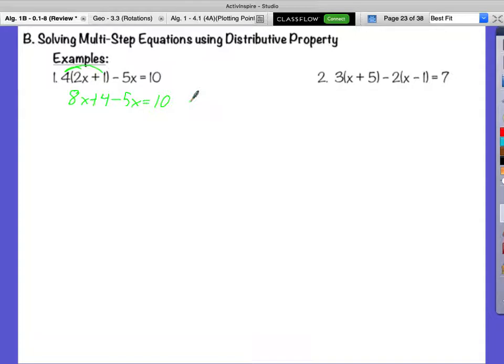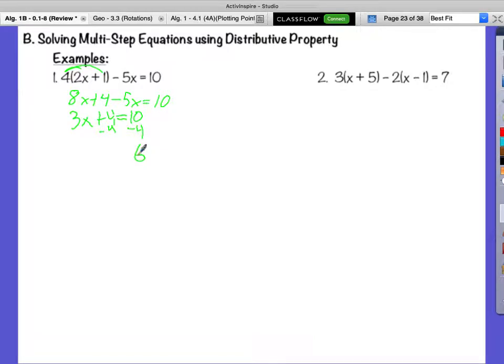Alright, so boys, the first thing you do is 8x subtract 5x, and that is 3x. So 3x plus 4 equals 10. The second thing is you subtract 4 from 10.